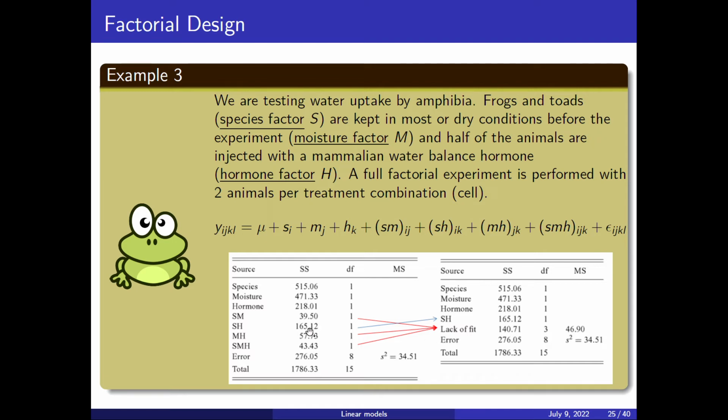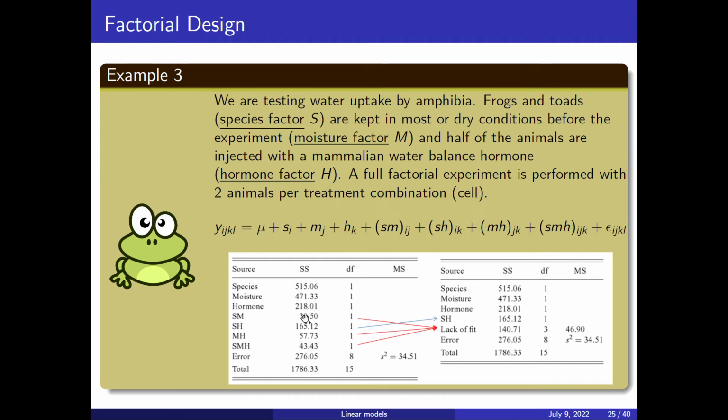And it makes sense: the hormone probably has a different effect on each one of the species, but there is no interaction between the species and being in water before.